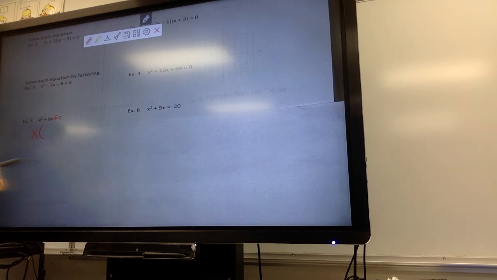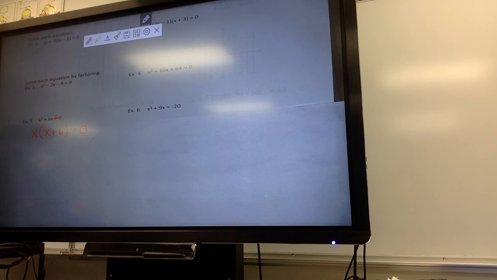And then what would be left if I took an x out of each term? x plus 6. So factoring that, I don't have to make that x because there's a greatest common factor. And once I take that greatest common factor out, this is no longer factorable. I'm done. That's simplified. Now we just have to do the math.